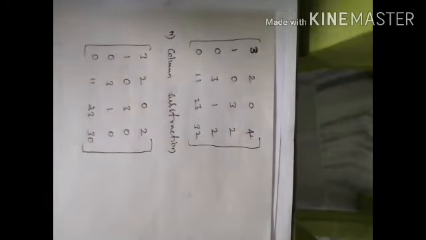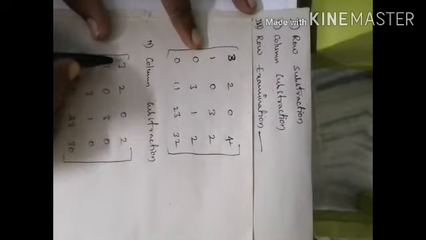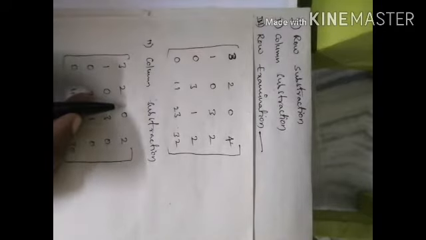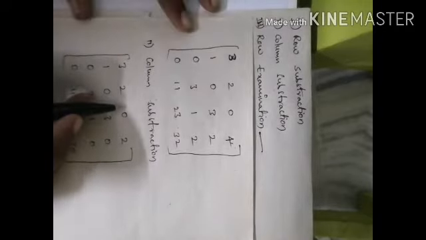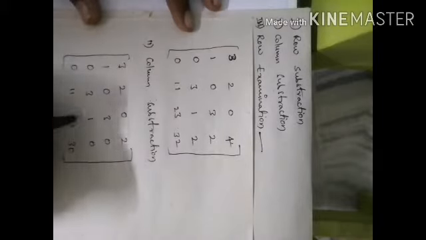Now the third step is row examination. How do we do this operation? We have to check whether each row has at least one zero. If it has one zero, we enclose that zero in a rectangle, then cancel it vertically.